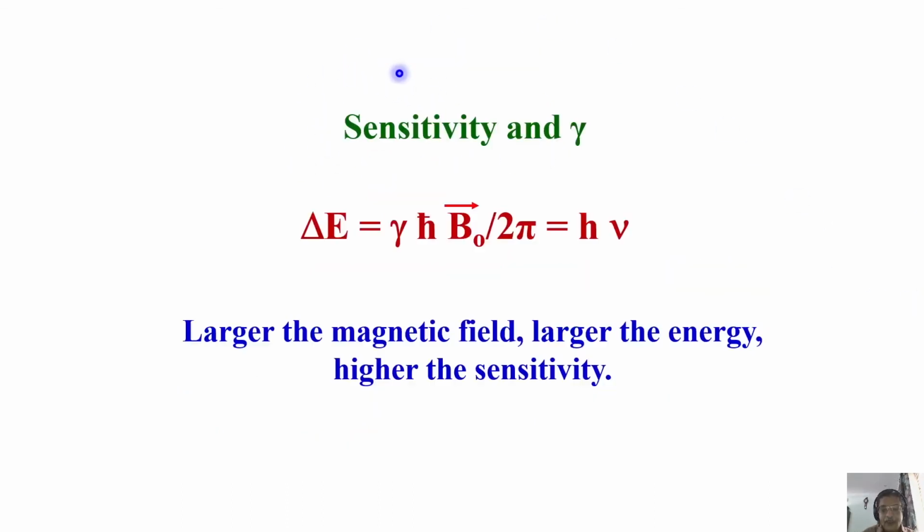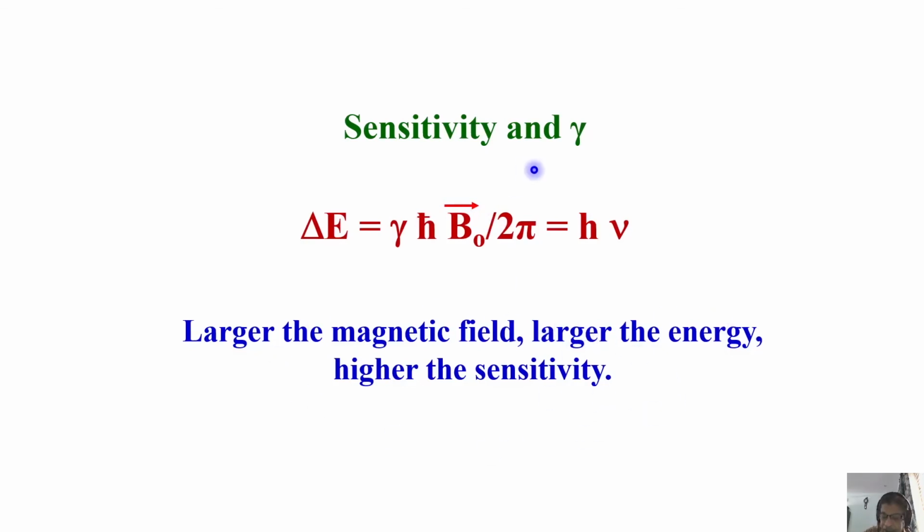And as a consequence, the sensitivity also, of course, depends upon gamma, another term. In addition to delta E, and temperature, sensitivity also depends upon gamma. It is given by this equation. Larger the magnetic field, larger the energy, and higher the sensitivity.